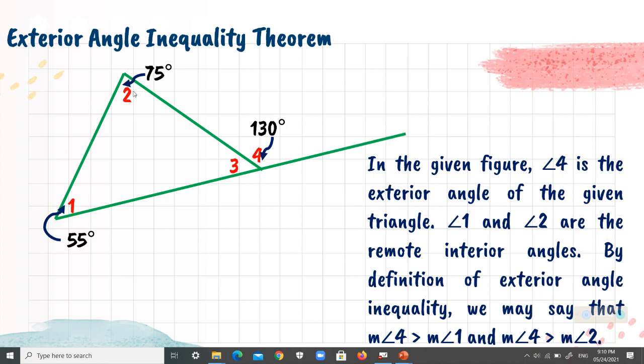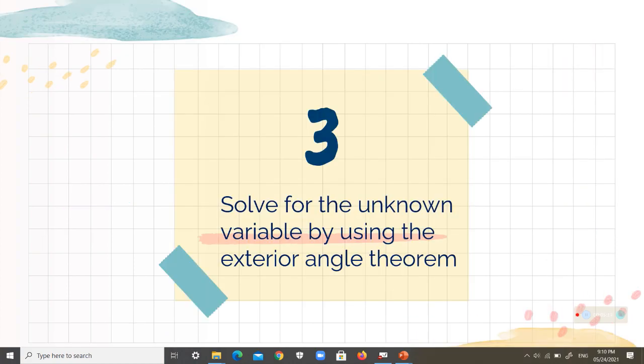By the definition of exterior angle inequality, we may say that the measure of angle 4, which is 130 degrees, is greater than the measure of angle 1, which is 55 degrees. And the measure of angle 4, again 130 degrees, is greater than the measure of angle 2, which is 75 degrees. Okay? So let's now proceed with the third objective.